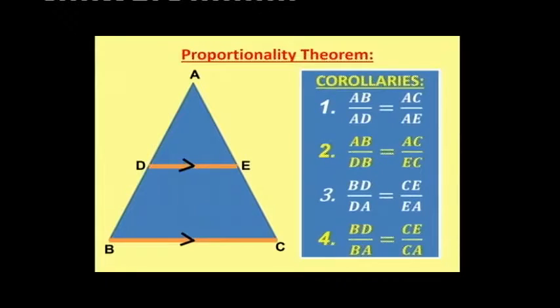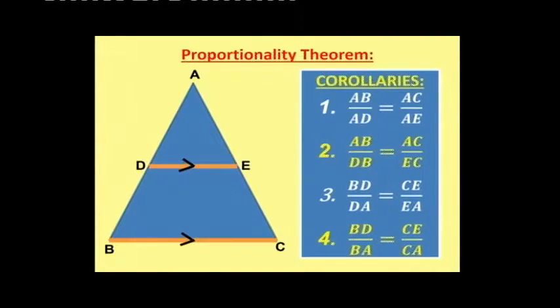AB is the whole side over AD, which is top. What you do on the one side, you must do on the other. So the whole side over the top is equal to, what is the whole side here? AC. What is the top? AE. Can you see how that first corollary works?